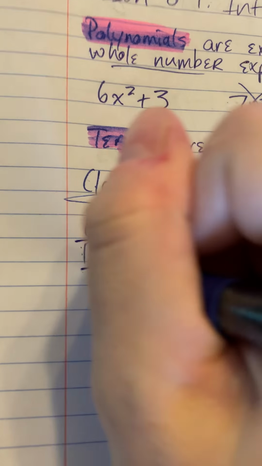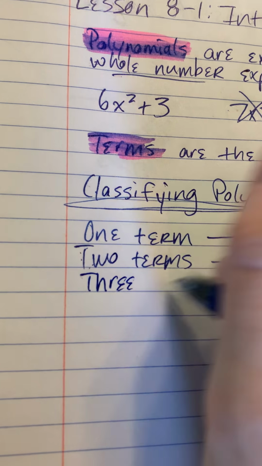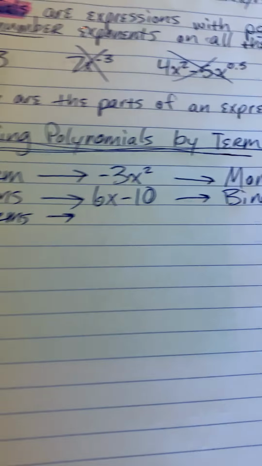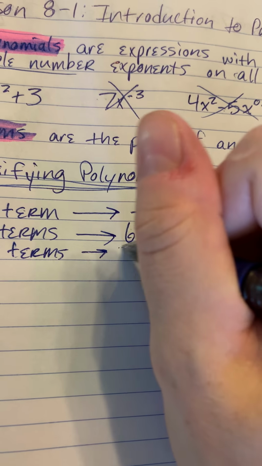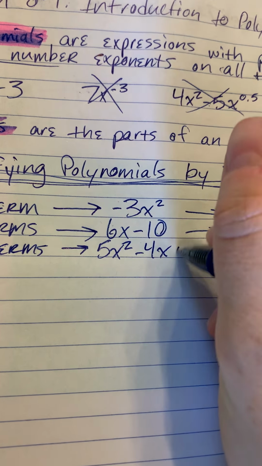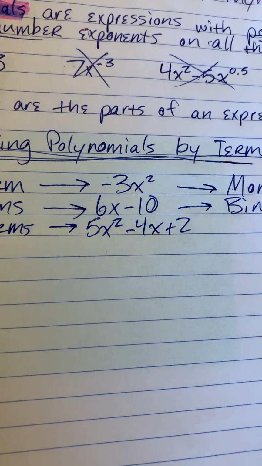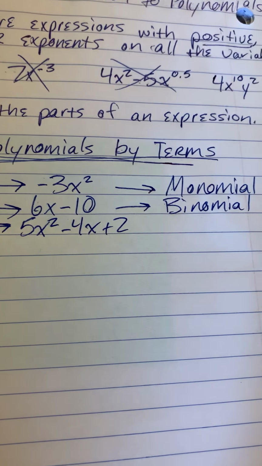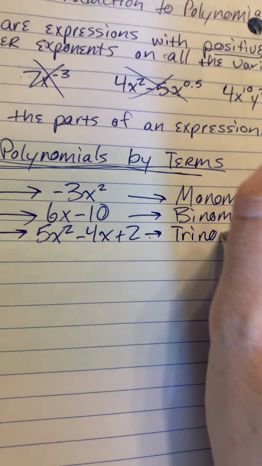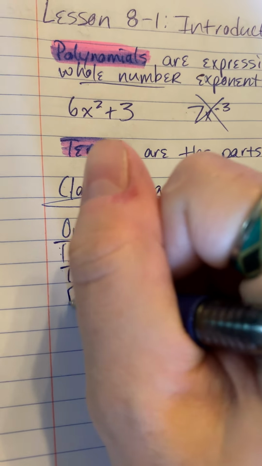If it had 3 terms, then it would look something like 5x squared minus 4x plus 2. That has 3 different terms, and it is called a trinomial. We can keep going here forever.